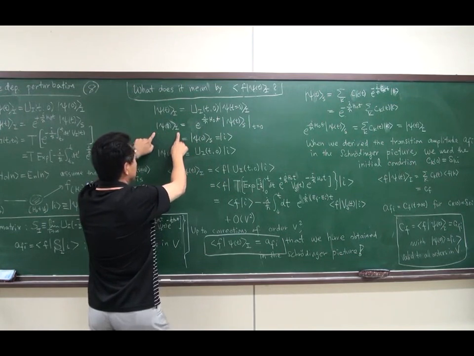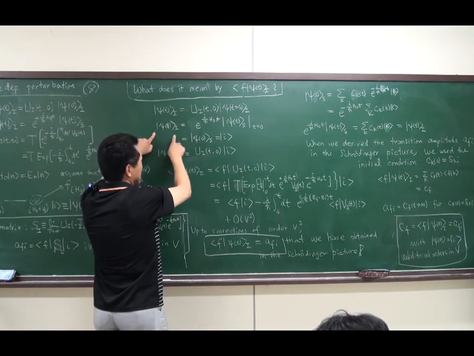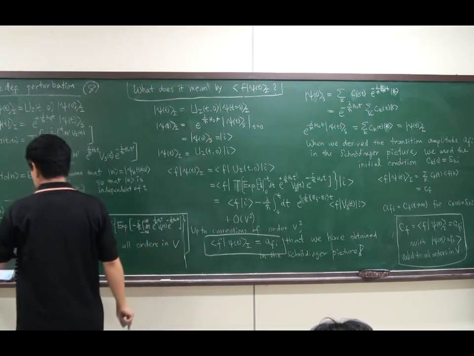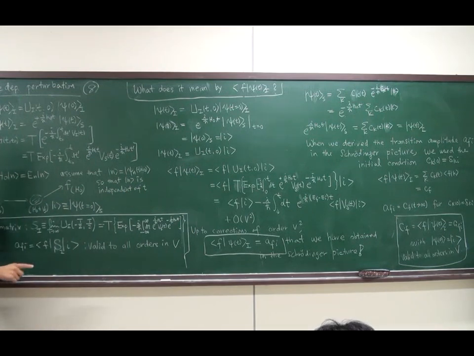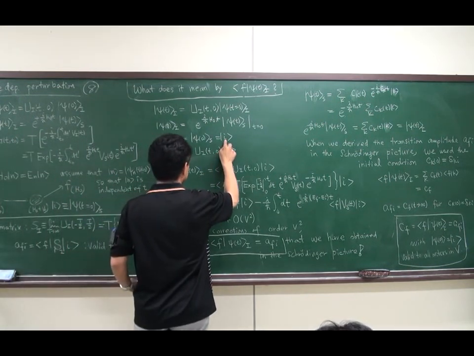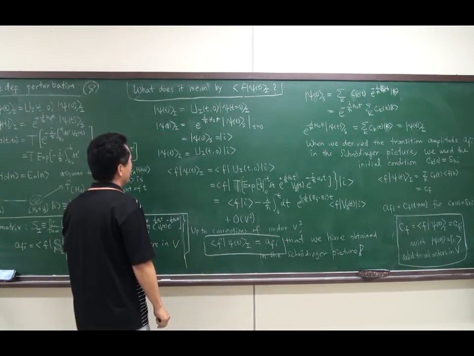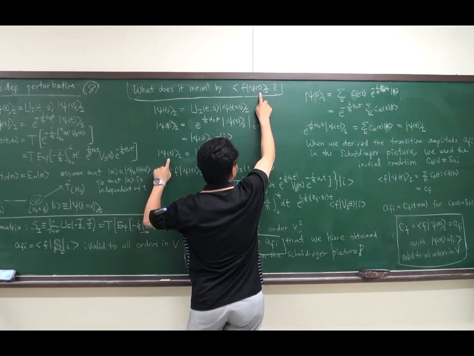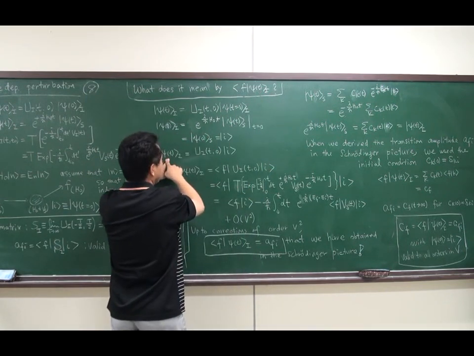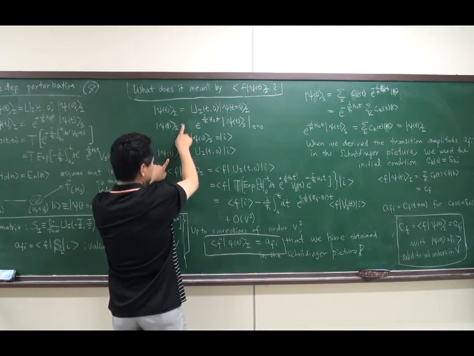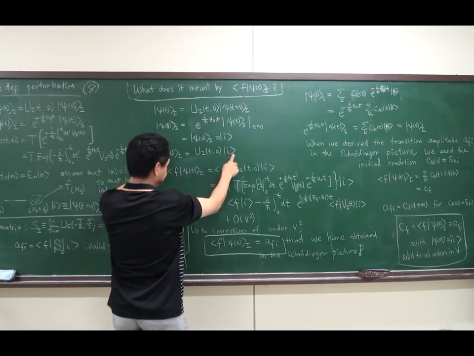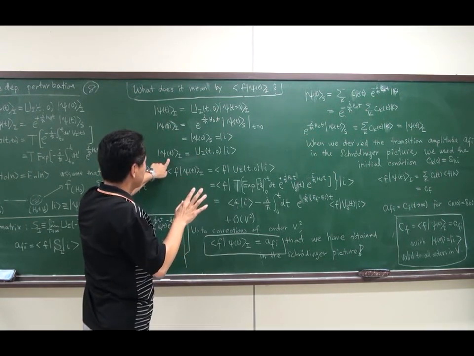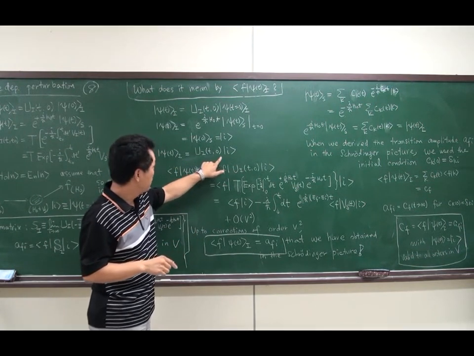So at t equals 0, the interaction picture state is the same as the Schrödinger picture state, and we declare that we have a pure initial state with index I. So if I want to compute the state in the interaction picture at time t, I just multiply the initial value, which is exactly the same as I, by the time evolution operator in the interaction picture from t equals 0 to t.